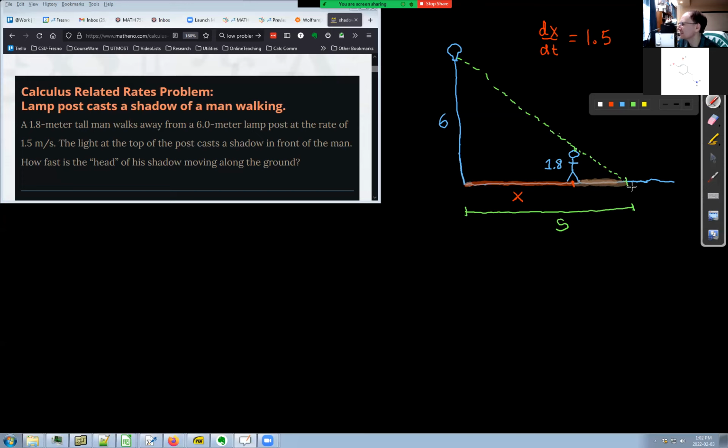So I'll just call it S. Our goal is to find ds/dt, because we want the rate at which the tip of the shadow is moving, how fast this distance is increasing.